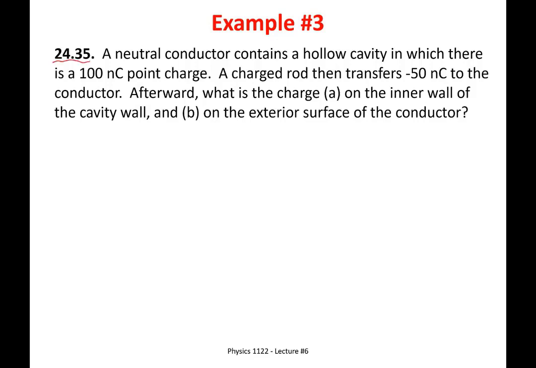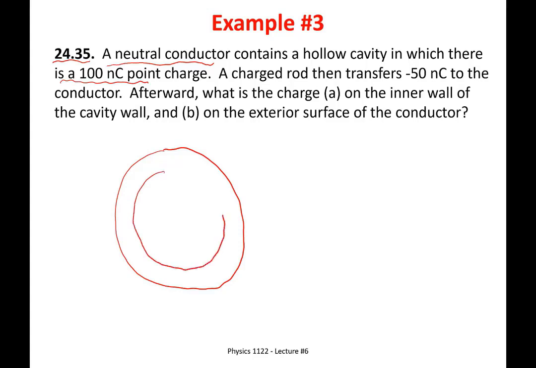This is problem 35 from chapter 24, and it describes a neutral conductor. It says the conductor contains a hollow cavity in which there is a 100 nanocoulomb point charge. So I'm going to sketch the conductor with a hollow cavity.